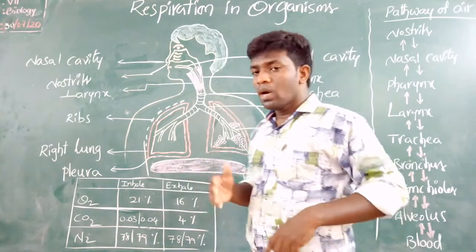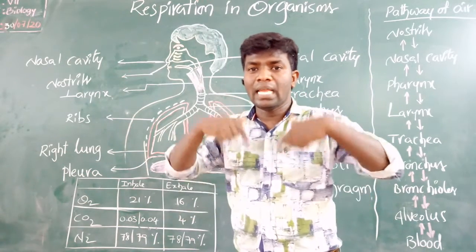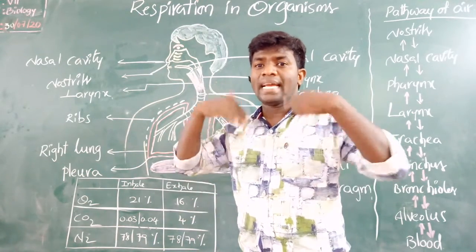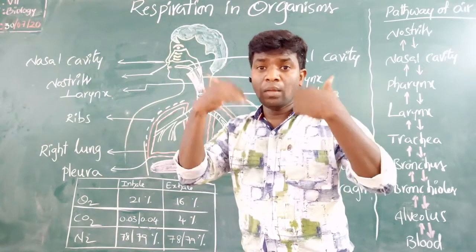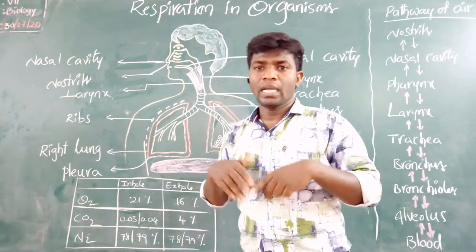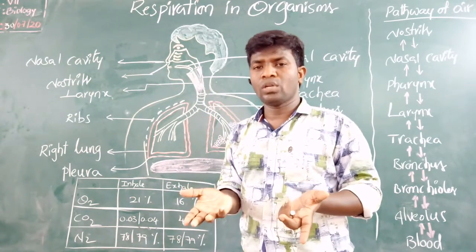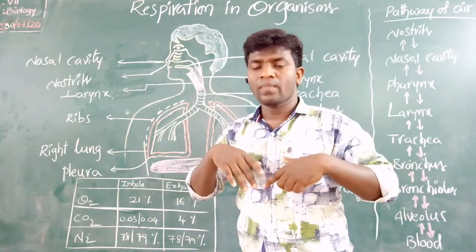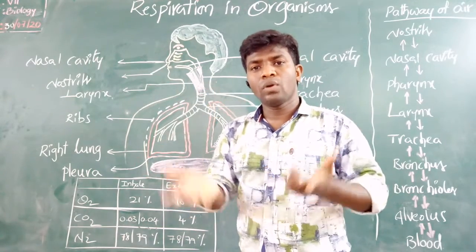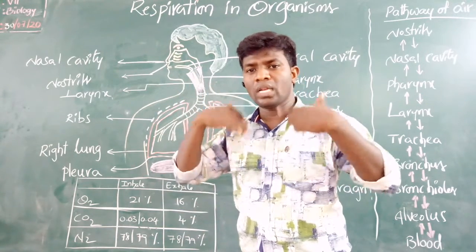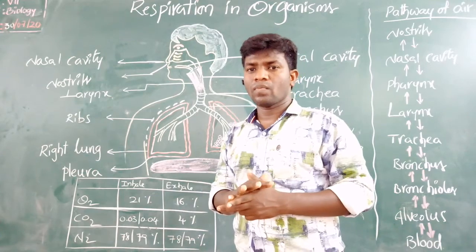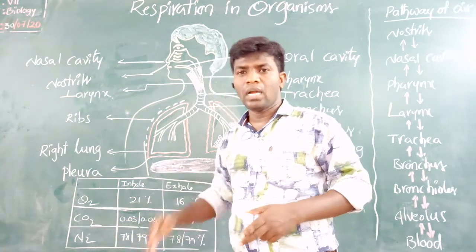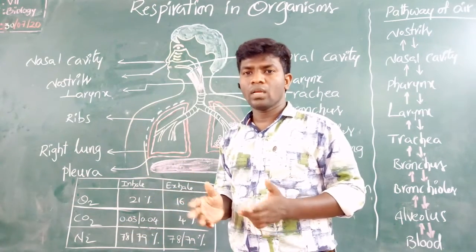So here, how much of the air are we inhaling? How much of the air are we exhaling? Can we breathe carbon dioxide? Can we release oxygen? Absolutely. We take oxygen and we release oxygen. We take carbon dioxide and we release carbon dioxide also. And we take nitrogen and we release nitrogen.